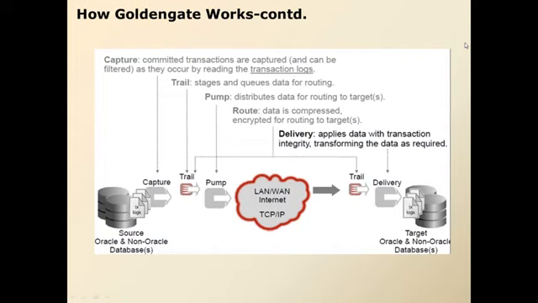Your source can be Oracle and target can be Oracle, or your source could be non-Oracle and target could be a non-Oracle supported database. You will install Oracle Goldengate on both source and target.